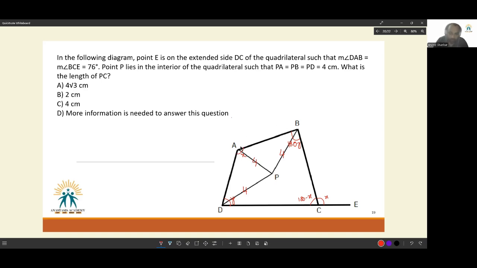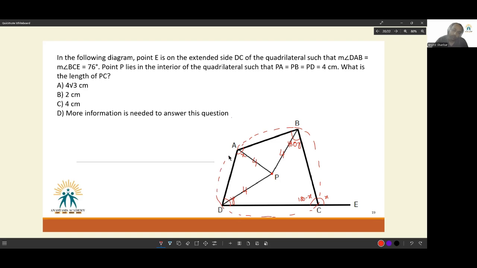Now, there is a circle passing through all these points. Now, look at this P. There is a point within the circle that is equidistant from A, from B, and from D. My diagramming skills may not match up, but okay.